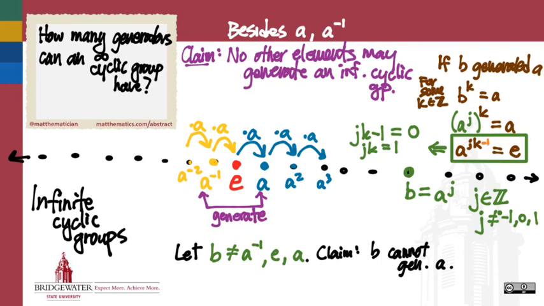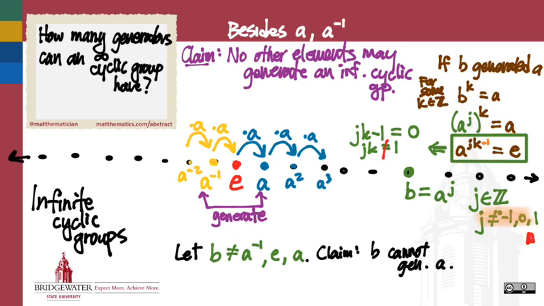And what are the only integers that can multiply together to give me 1? 1 itself, or -1 itself. Those are the only ways to multiply integers and get 1 as the answer. But why do we know that can't happen? Because we assumed that j was not equal to -1 and j was not equal to 1. So j cannot be -1 and it cannot be 1, therefore we can't satisfy the equation j times k equals 1. So that gives us a contradiction.